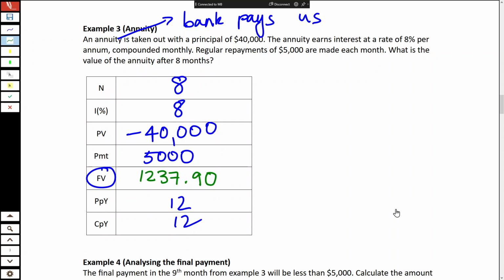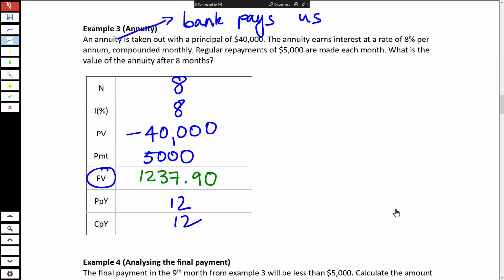Okay, again, let's check. Does the sign for the future value make sense? Yes. Okay, why? So you're in the exam in November, and you get this answer, and I'm trying to check. Does this number make sense? Should it be positive? Yes, because the money you've given them is earning interest. The bank still needs to pay me this amount of money.